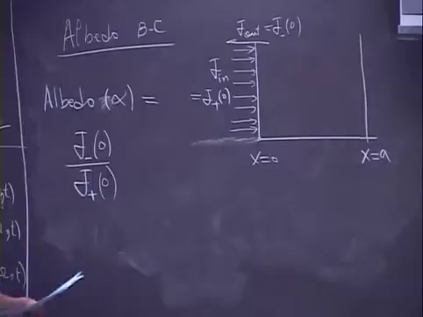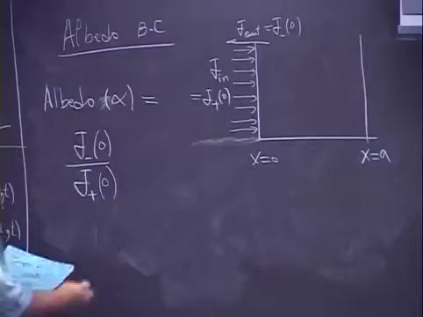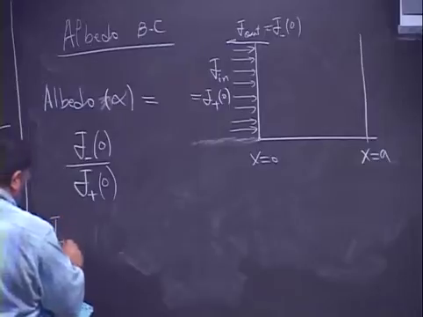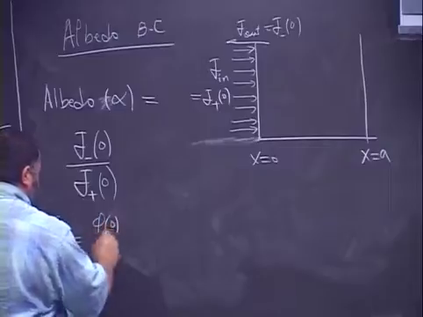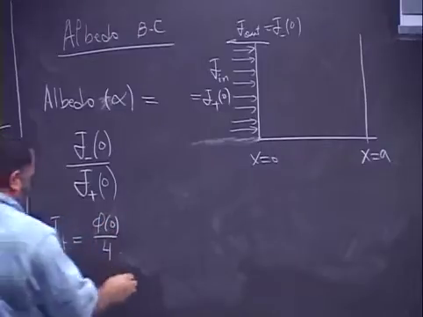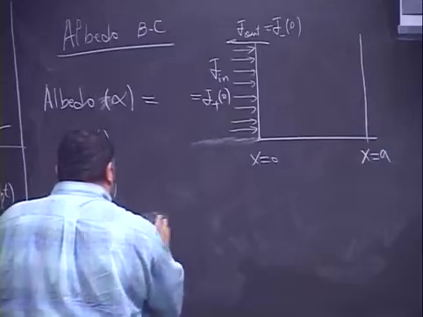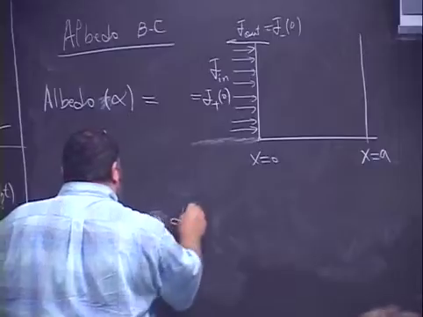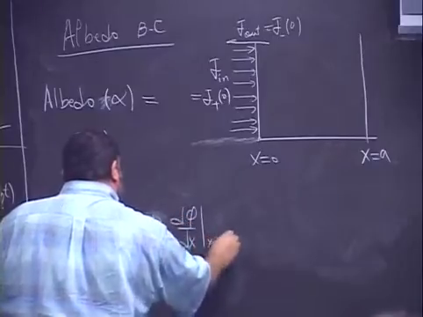So if we look at our slab model, we knew that the J plus is just equal to phi at 0 divided by 4 from the first derivation that we did for the diffusion equation, and this is minus D over 2 d phi by dx at x equal to 0.